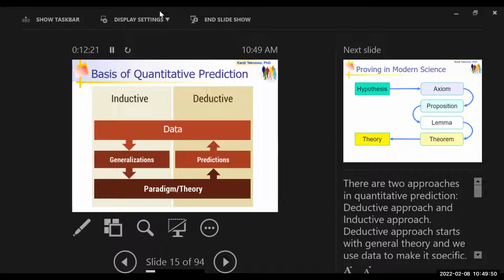So using the deductive approach, you only need data to validate the prediction. While in the inductive approach, you need big data, a lot of data.